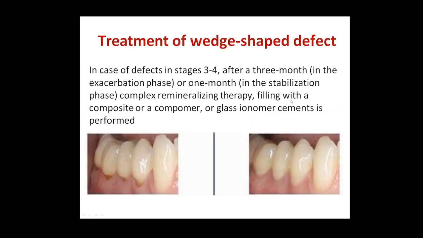In case of defects in stage 3 and 4, after 3 months in the exacerbation phase or 1 month in the stabilization phase of complex remineralizing therapy, we have to fill such defects with composite or compomer or maybe glass ionomer cements.